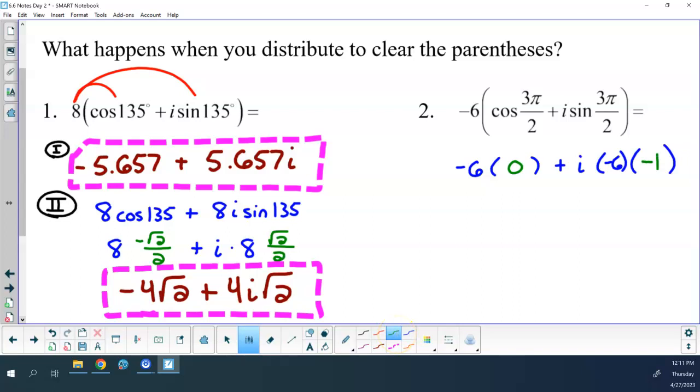Negative 1. Negative 6 times negative 1. 6 times i. 6i. Now, that's an imaginary number. Okay? Technically, and I don't feel that we'll get this technical if we take a test on this stuff, but technically, this should be 0 plus 6i if we were writing it in complex form. Okay? But again, we won't get that.